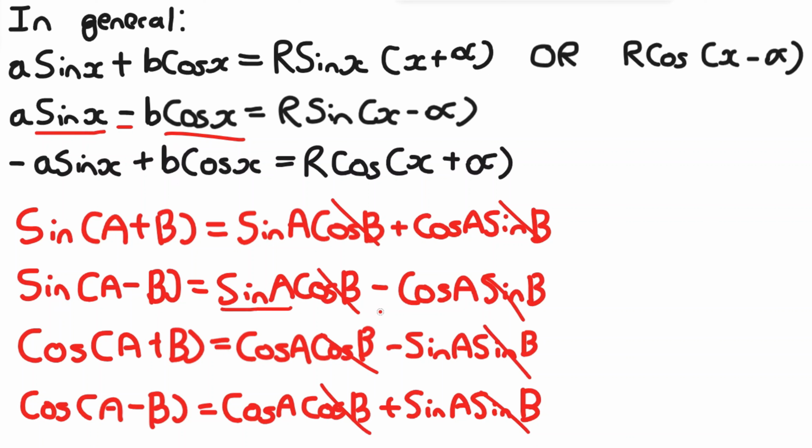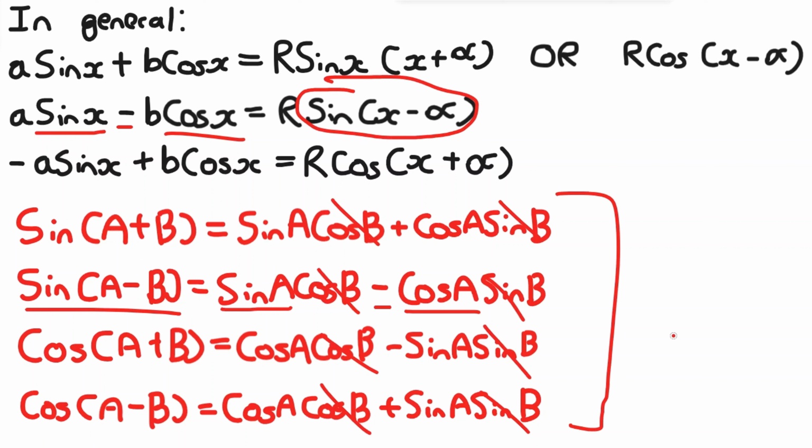We've got the sin a minus cos of a here, and therefore we use the sin of a minus b and the sin of x minus alpha like this. You can still figure it out using the addition formula in the really unlikely case that they don't just tell you which form to write it in the exam question.